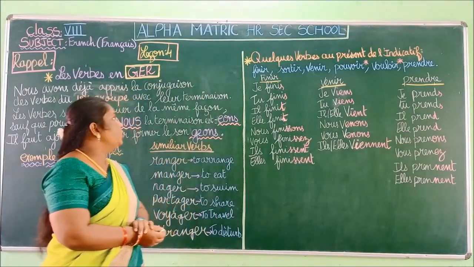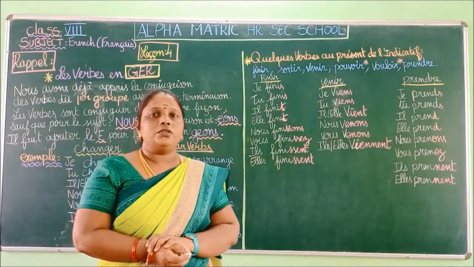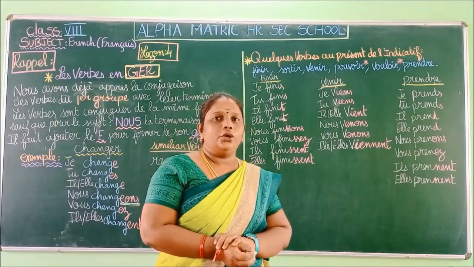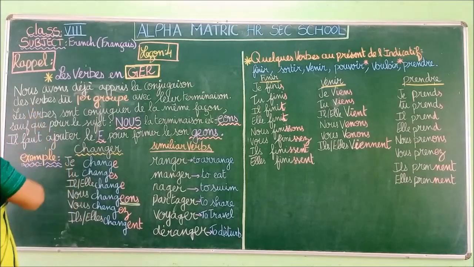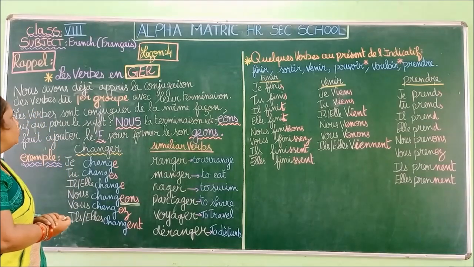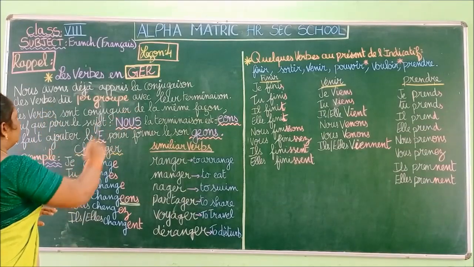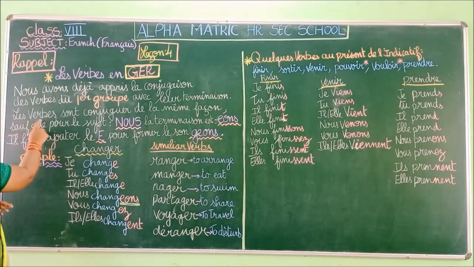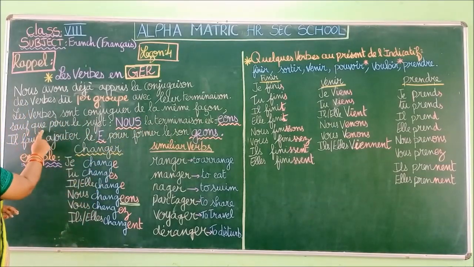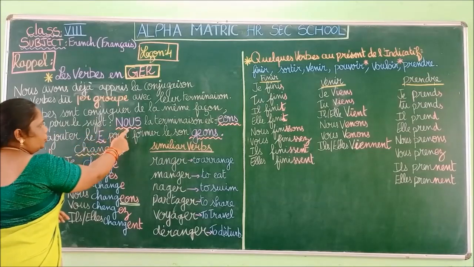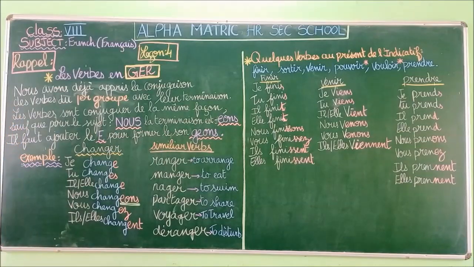Okay, we already saw the verb conjugation with GER. So les verbes qui se conjuguent avec le GER, qui ont la terminaison. Ok, so ici nous avons déjà appris la conjugaison des verbes du premier groupe avec leur terminaison. Les verbes sont conjugués de la même façon, sauf que pour le sujet, nous, la terminaison est EONS.